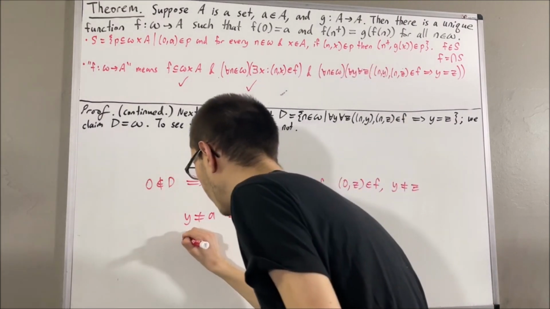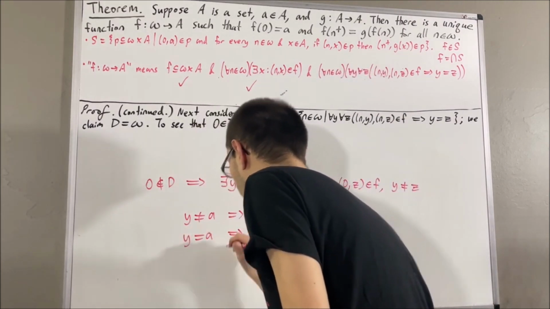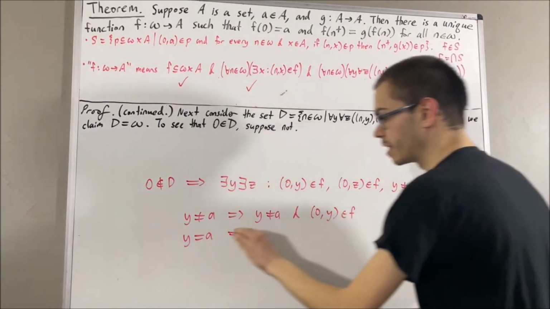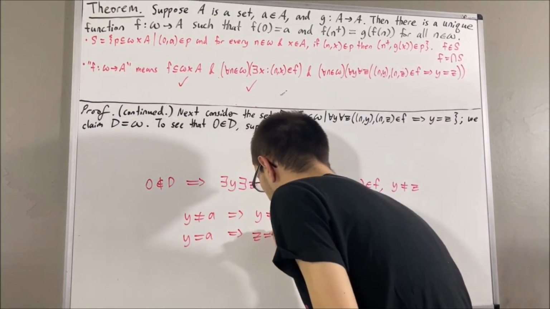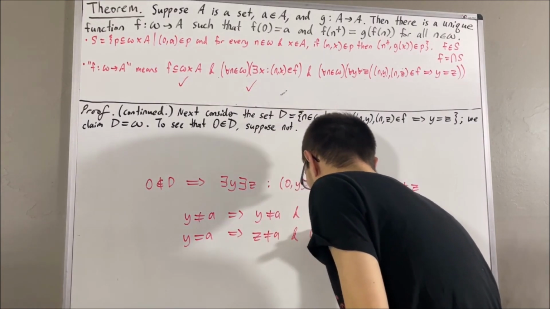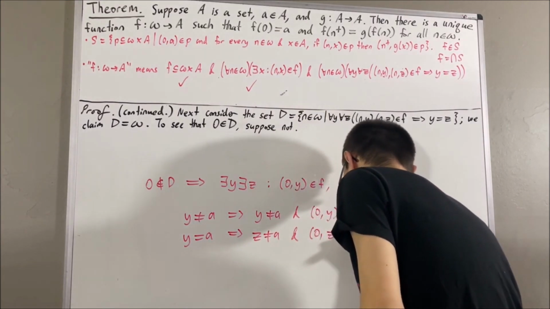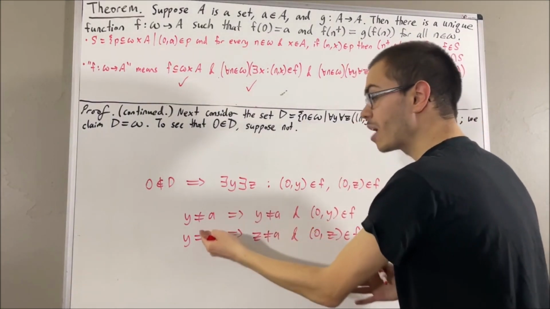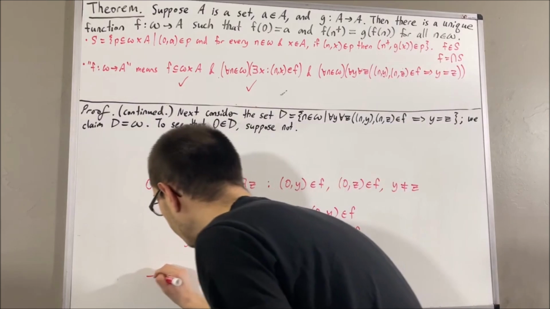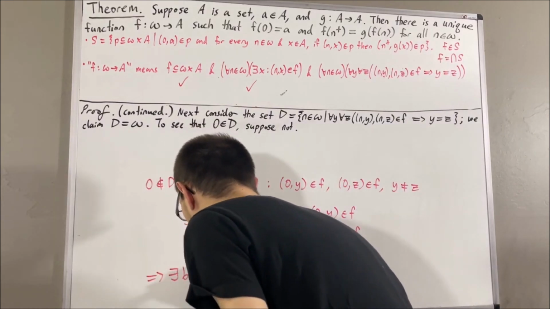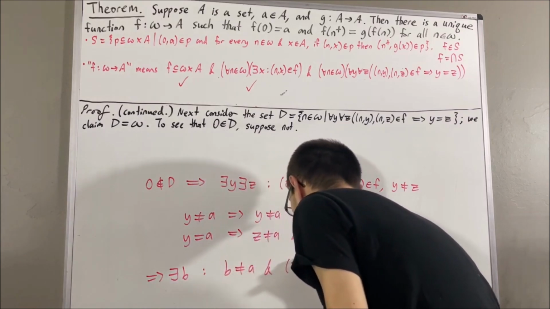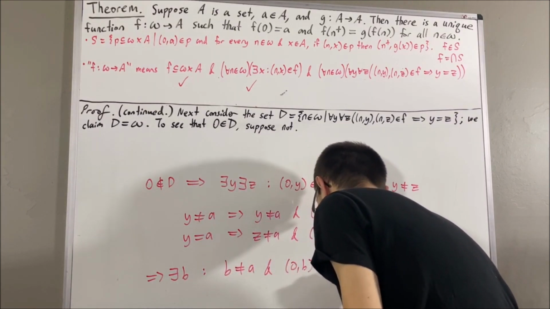On the other hand, if y is equal to A, since y and z are distinct, this means z must be distinct from A. So z is distinct from A, and (0, z) is an element of f. So what we see here is, no matter what, there must exist an object B such that B is distinct from A, and (0, B) is an element of f.